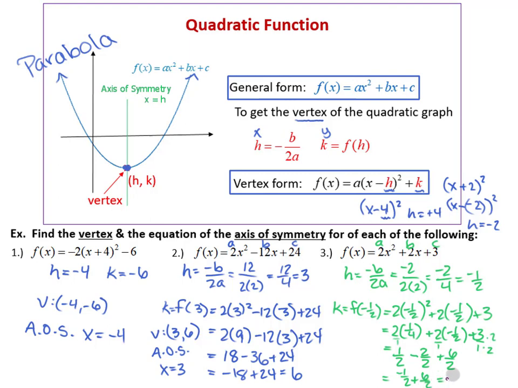Plus 6/2 is 5/2, or 2.5 as a decimal. So my vertex is -1/2, or -0.5, and 5/2, or 2.5. And our axis of symmetry is x equals -1/2.